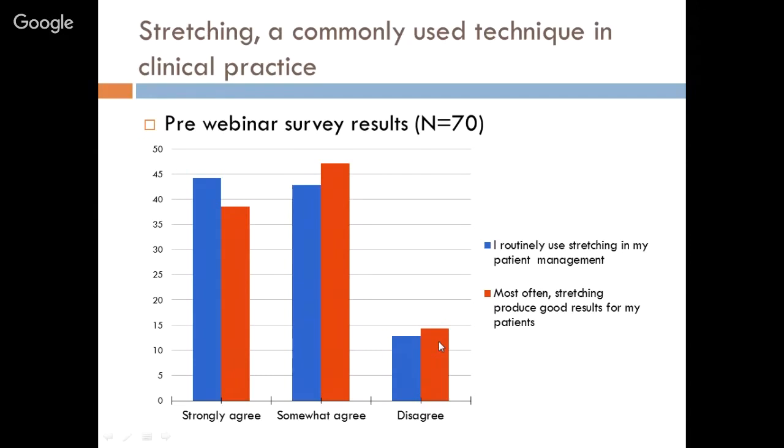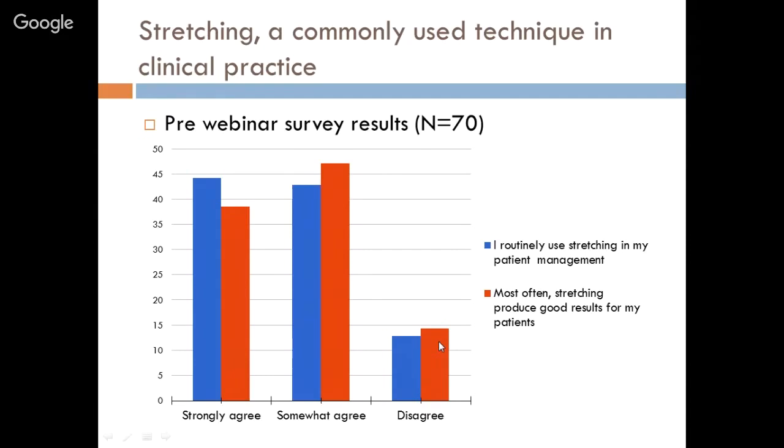So the question that I want you to look into is that stretching, a commonly used technique, does produce clinically observable changes, but at the same time, in some conditions, it's not producing them. This is the issue I want to focus on: why does stretching work in some cases and not in others? To understand this question, we have to know what happens inside, physiologically and biomechanically.